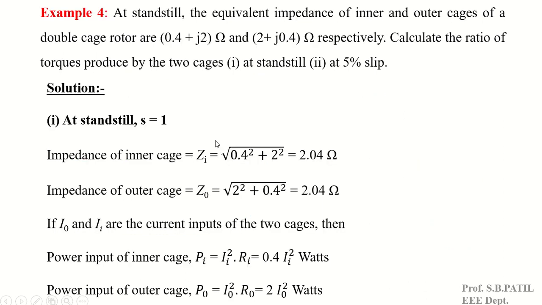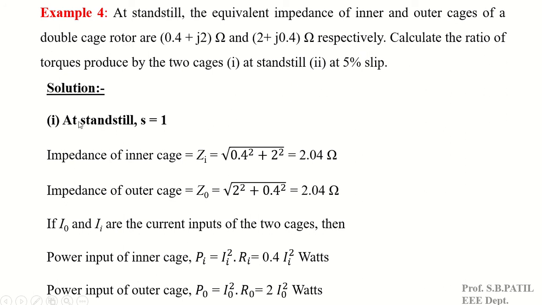We will solve an example on this equivalent circuit diagram. This is the equivalent impedance of the inner and outer cages of a double cage rotor. These are the values given. Calculate the ratio of torque produced by the two cages at standstill and at 5% slip.